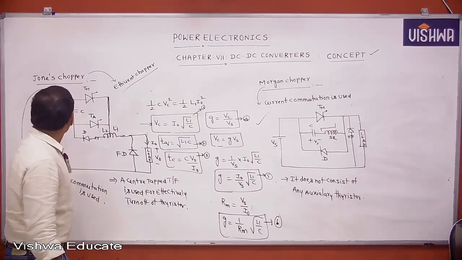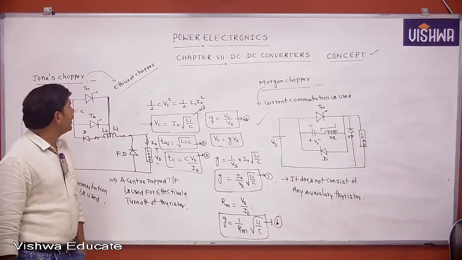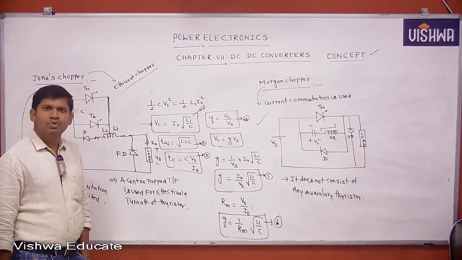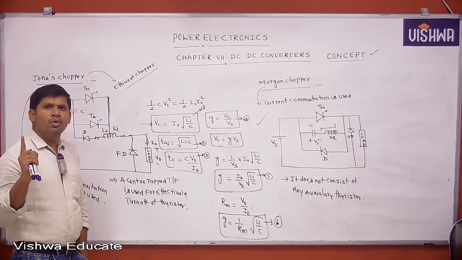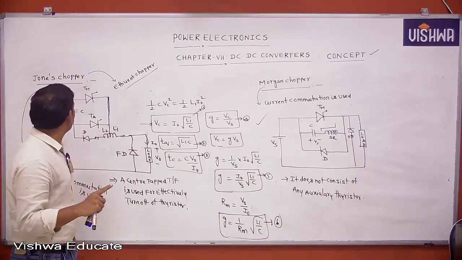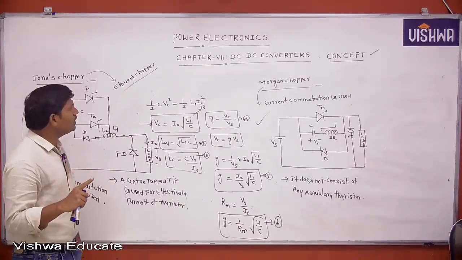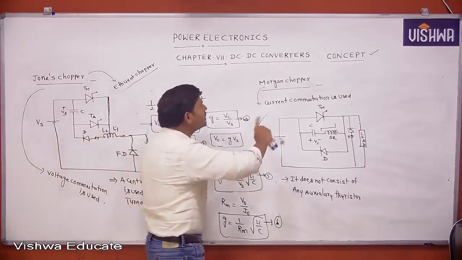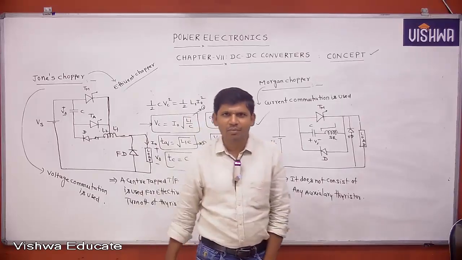Okay, this is about load commutated chopper, zone chopper, Morgan chopper. Till now in the choppers I discussed voltage commutated chopper, current commutated chopper, load commutated chopper, zone chopper, Morgan chopper. I'm not discussing Morgan chopper in much detail. We don't have any syllabus for the commutation point of view.